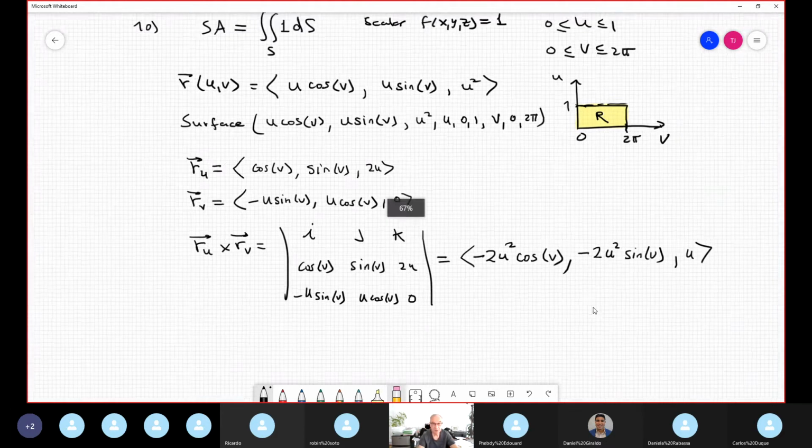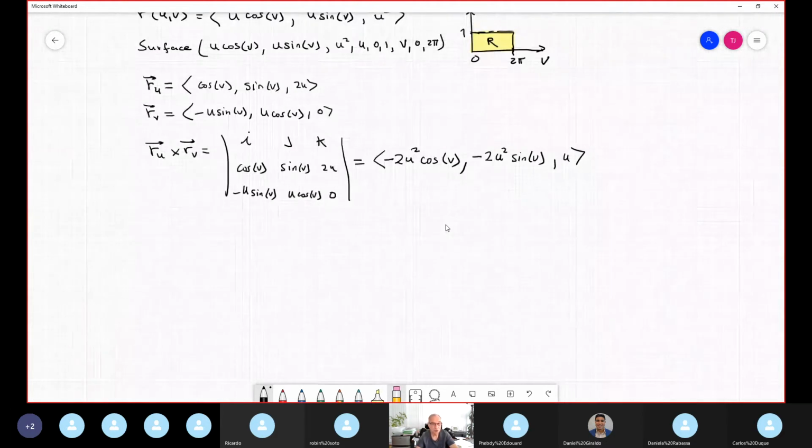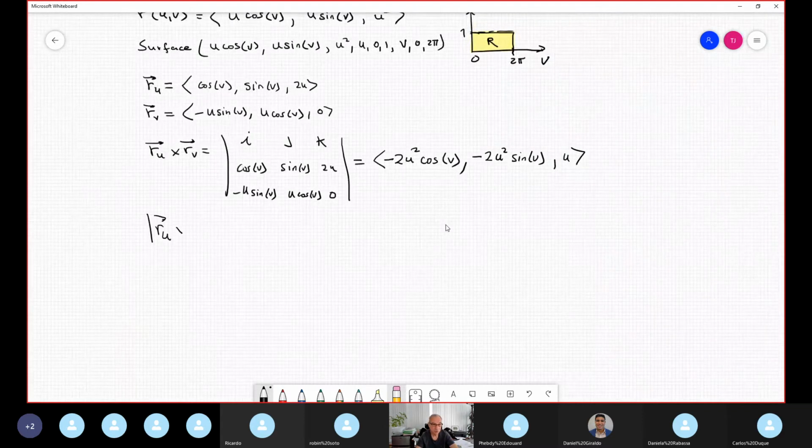And the magnitude of this vector, I know it's too long and complicated to say, therefore we can use software. Well, it's the square root of the square of this guy.